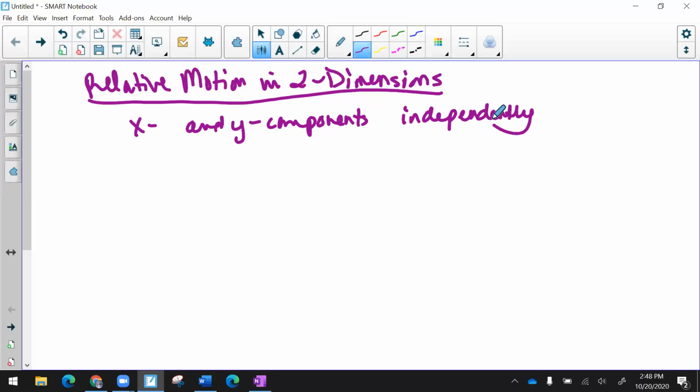So I'm going to consider two reference frames, and this is going to be my reference frame A, and it has X components and Y components.